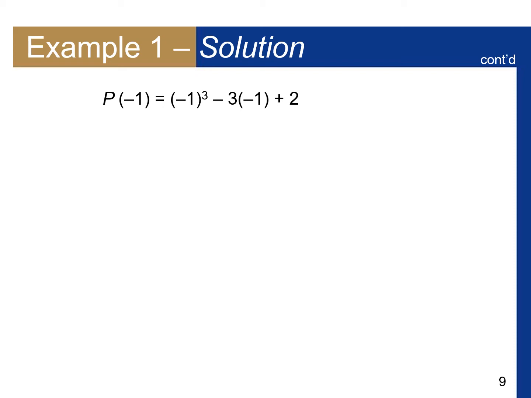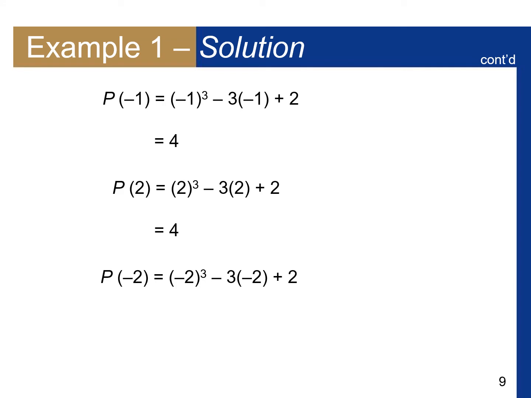On -1, I get 4, so that's not a 0. On 2, I will get 4, so not a 0 again. And on -2, I get another 0. So using this method shows me what 2 of the factors are. Well, if I have 2 factors of the 3, I can find the third one.